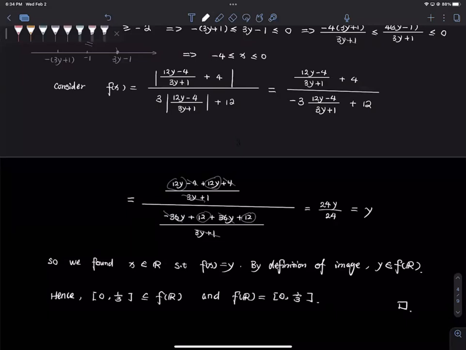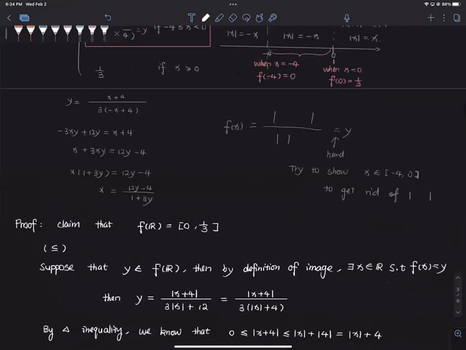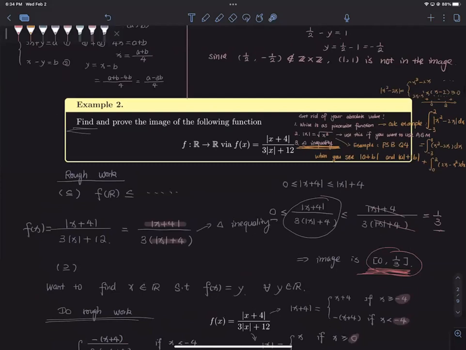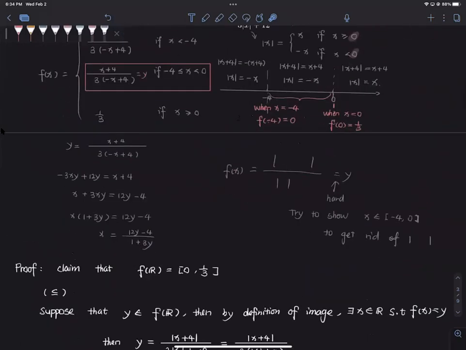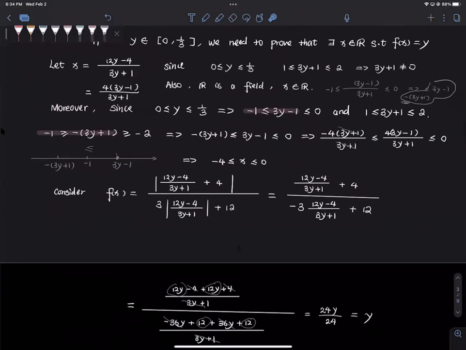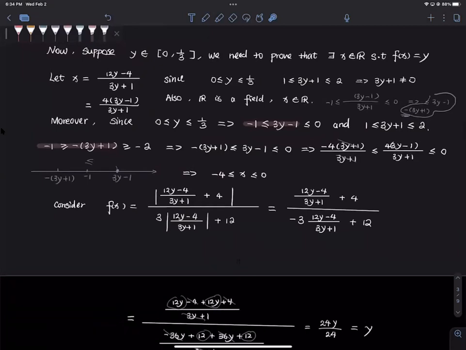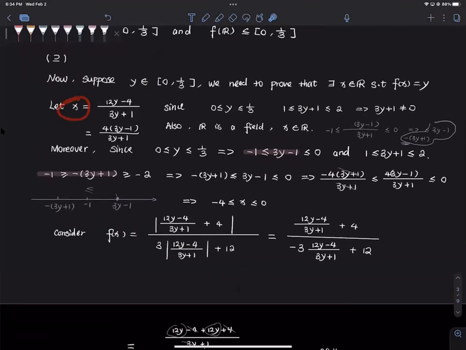Okay, now let's look at your question. Wait, Desmos doesn't have the domain you found. My domain is not this. My domain is R, remember? My x is in between this range because I picked x to be this.